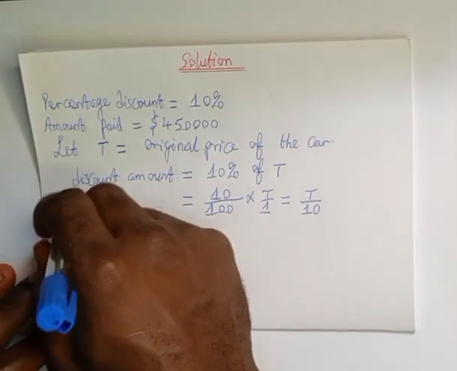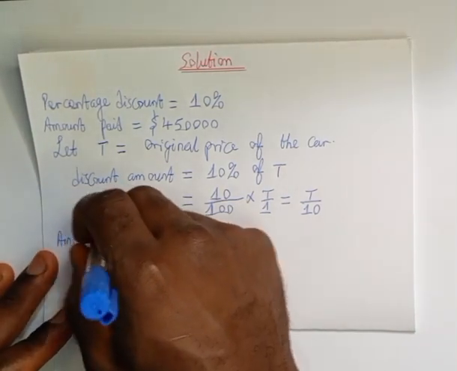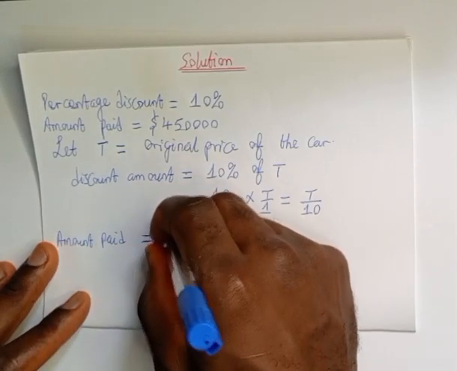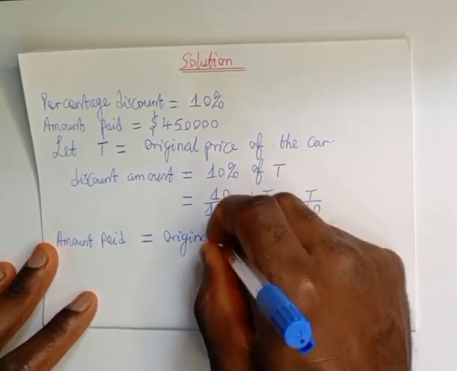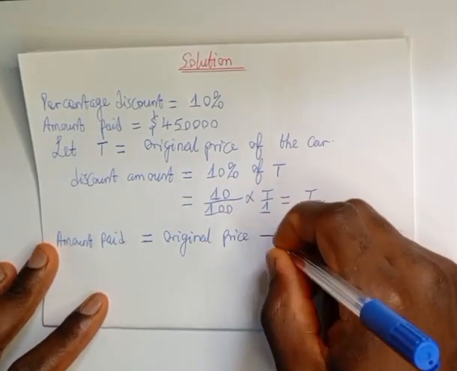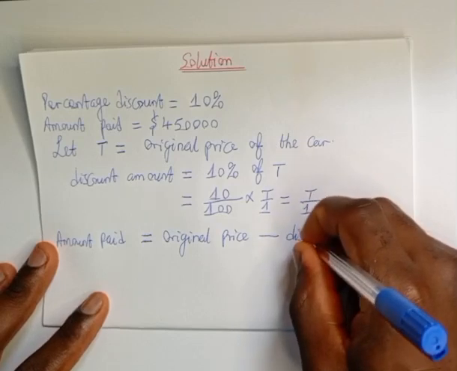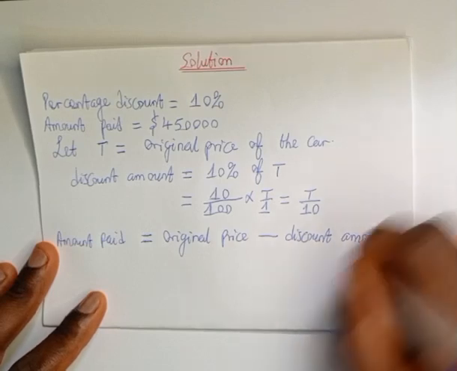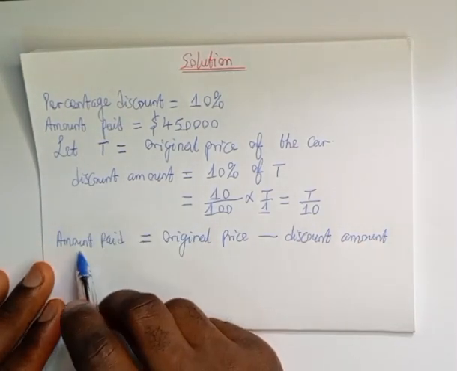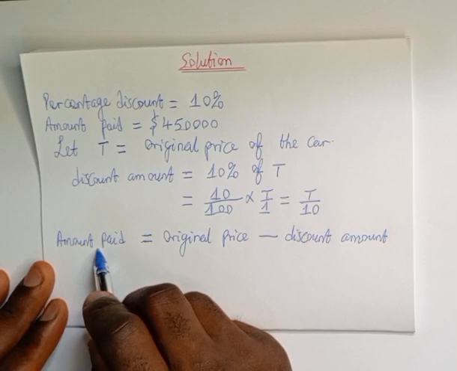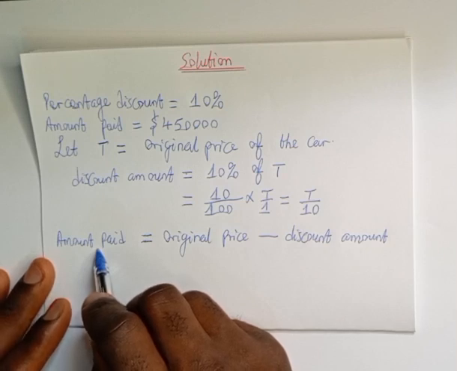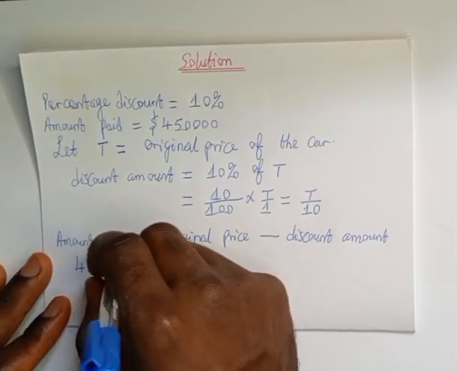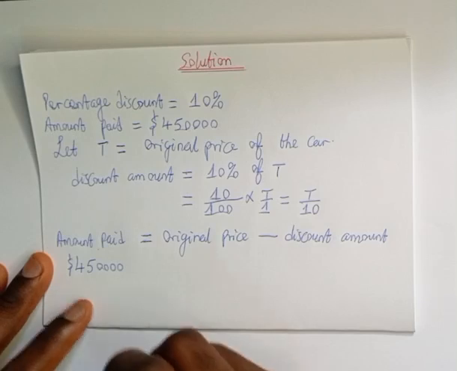Next, the amount paid by the man for the car is simply equal to the original price of the car minus the discount amount, that is the amount deducted. And this will give us the amount paid for the car by the man is equal to $450,000.